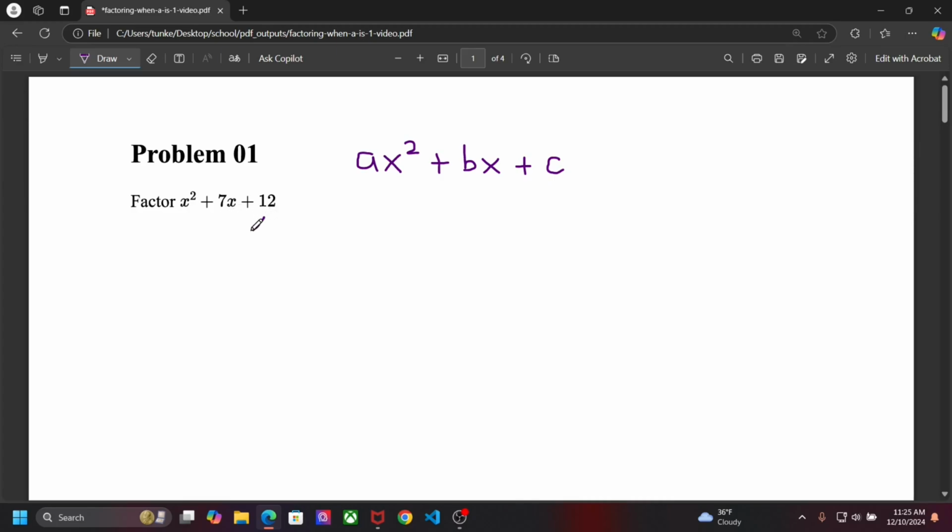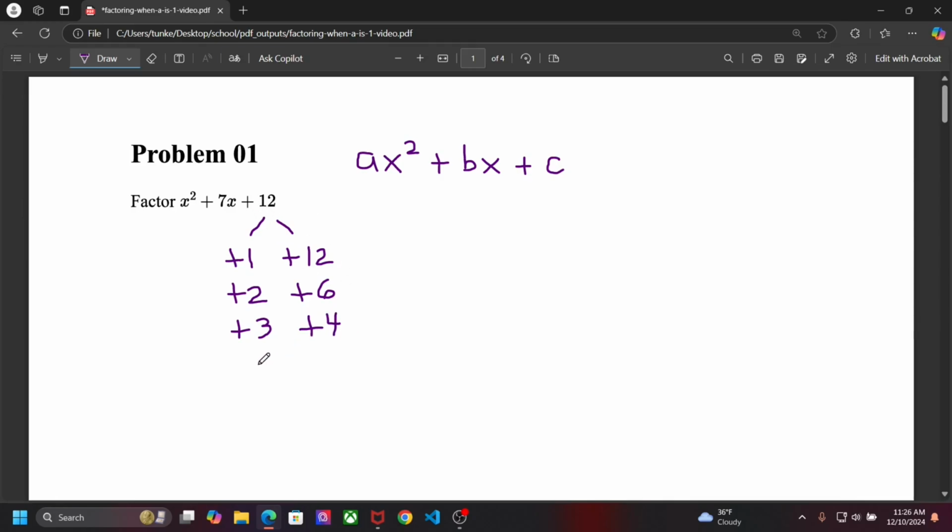We're going to list the factors of c, starting out by listing them both positive and negative. So positive 1 times positive 12 will give me 12. Positive 2 times positive 6 will give me 12, and positive 3 times positive 4 will also give me positive 12.